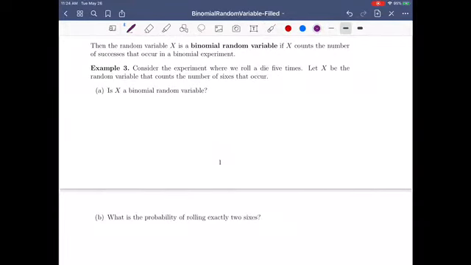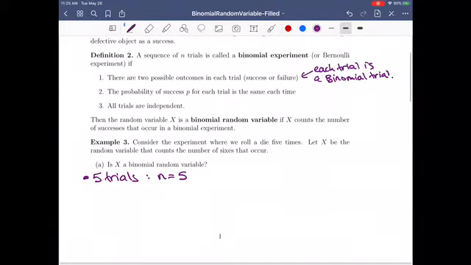How many trials do we have? How many mini experiments? The mini experiment is rolling the die, and we're doing it 5 times. So we have 5 trials. That's our little n, so our little n is 5.